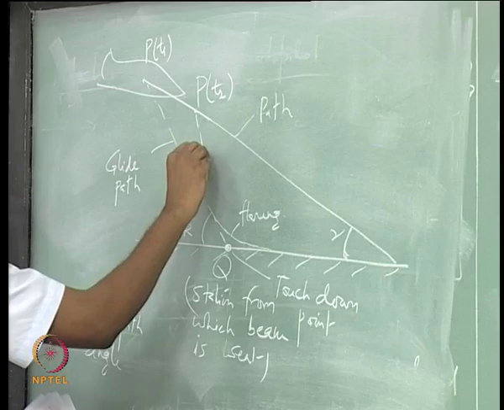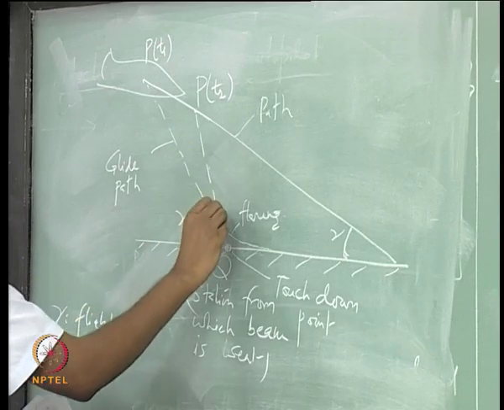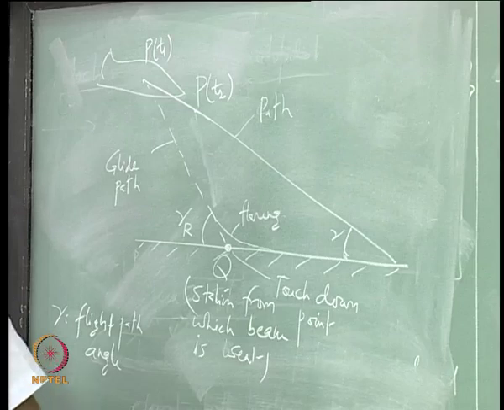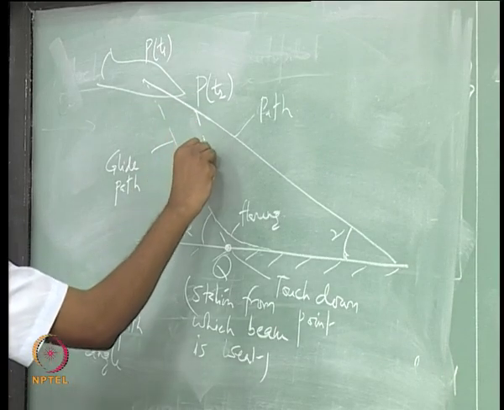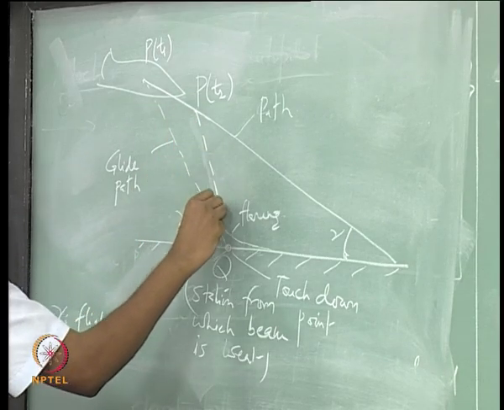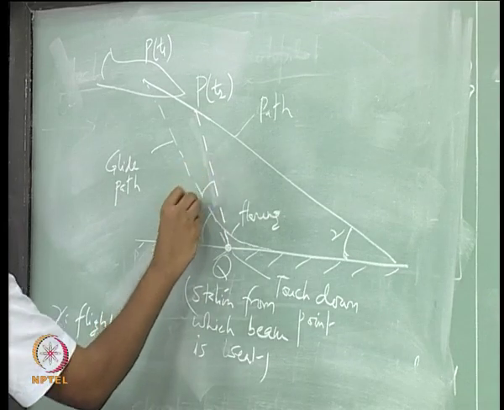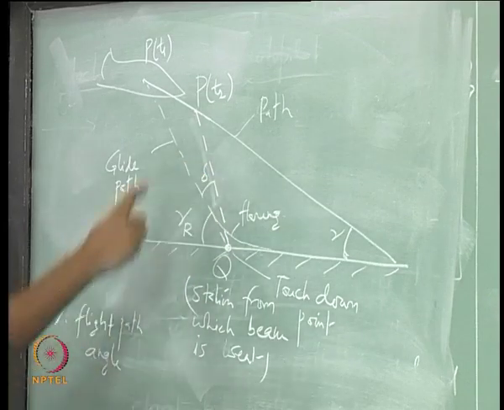So, the amount by which it is deviating from its required glide path can be denoted by these angles.